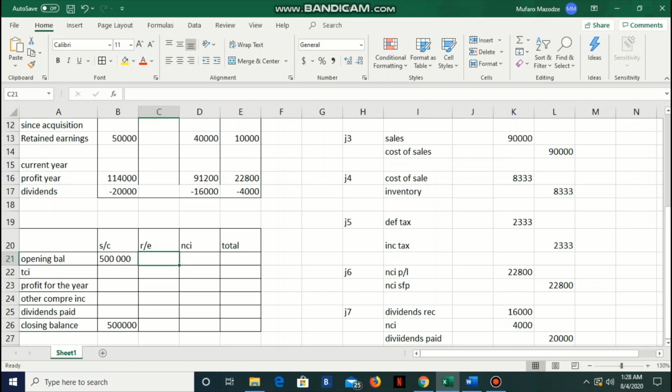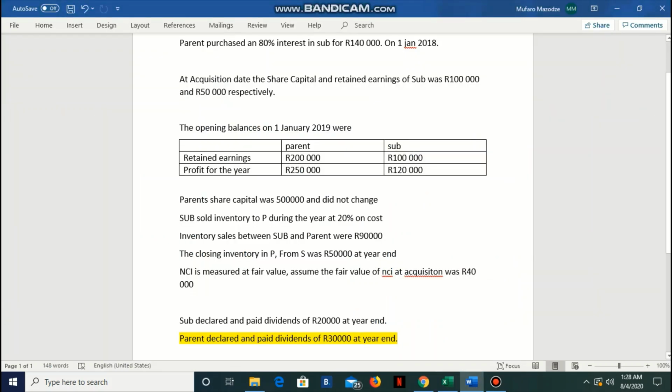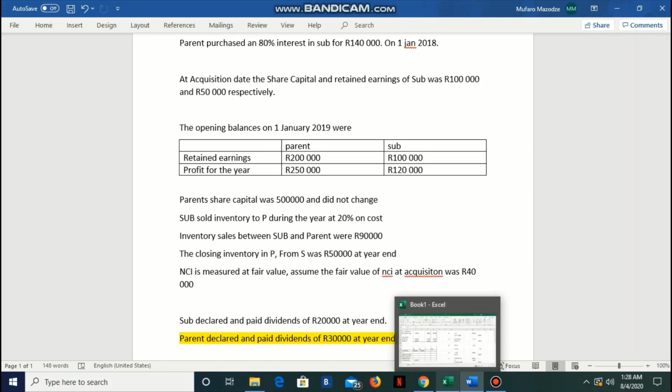So in our case, it's equal to 200,000 rand plus 40,000 rand, which is in our analysis, and you get 240,000 rand. Here's the parents' opening balance at 1 January 2019 at 200,000, as I had said.